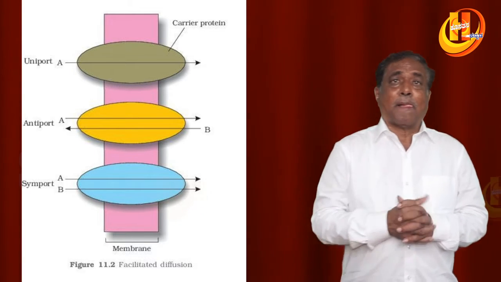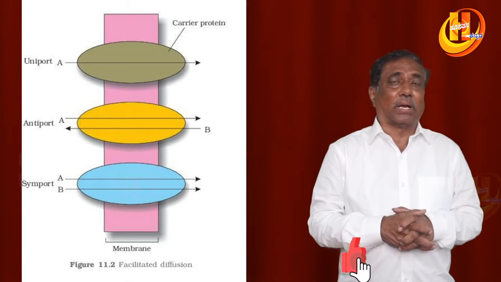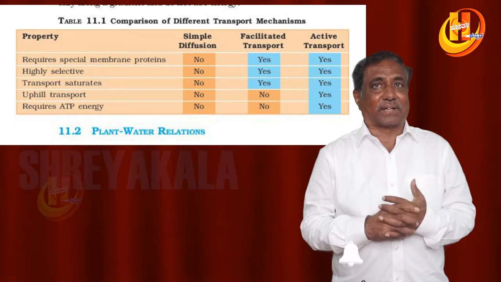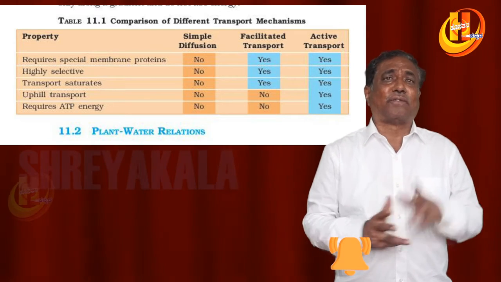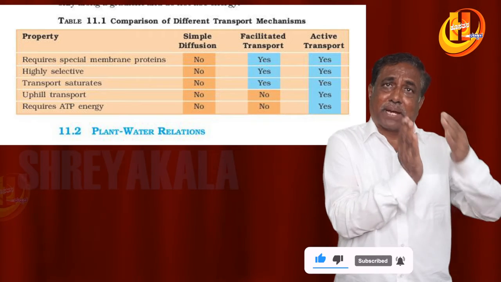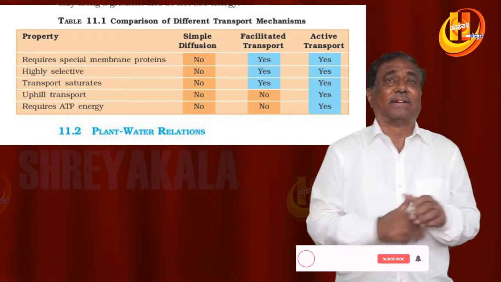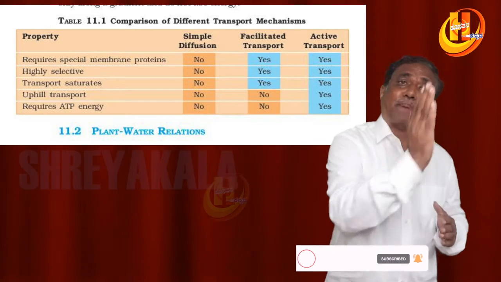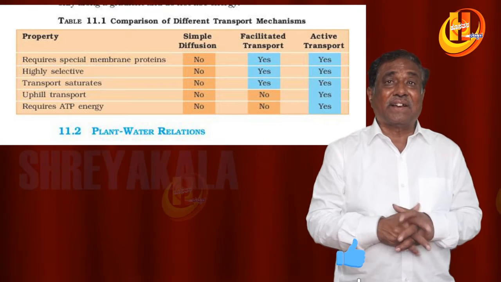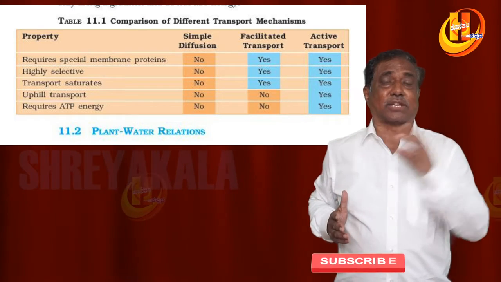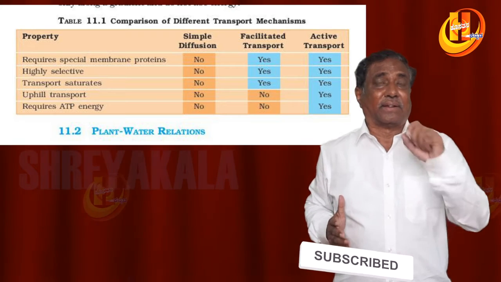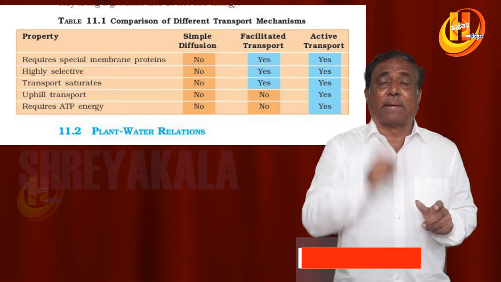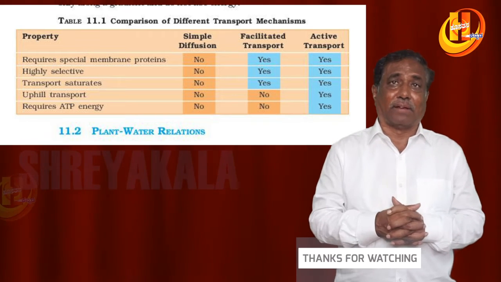Coming to active transport, it takes place at the expense of energy. There is also facilitated active transport, in which membrane proteins carry the molecules across the membrane at the expenditure of energy. This can be seen in 3 examples I will give.